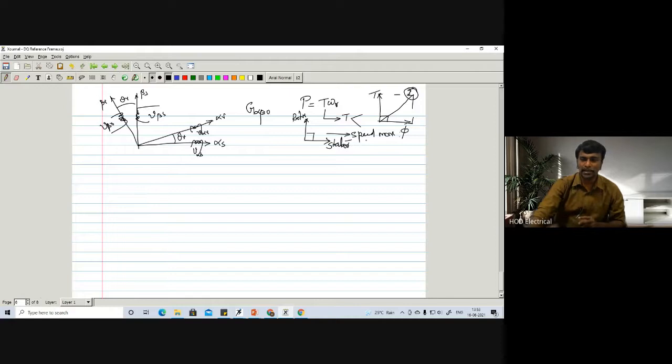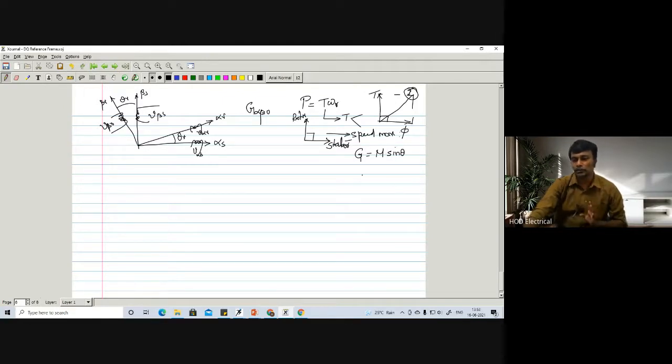Right. So for that, I can write this speed EMF term G. G is some component, where you can take the mutual inductance effect, so we can write mutual inductance into sine theta.